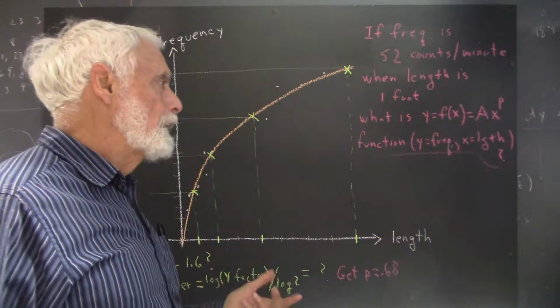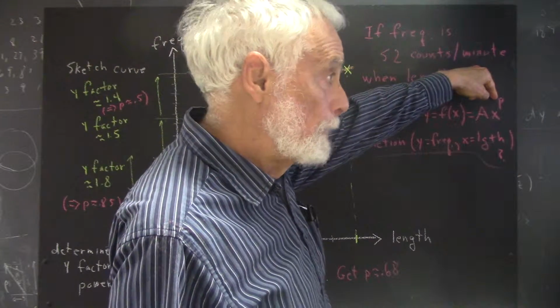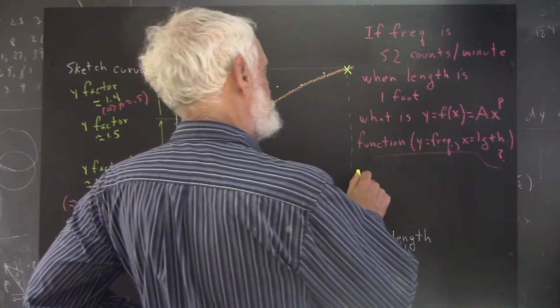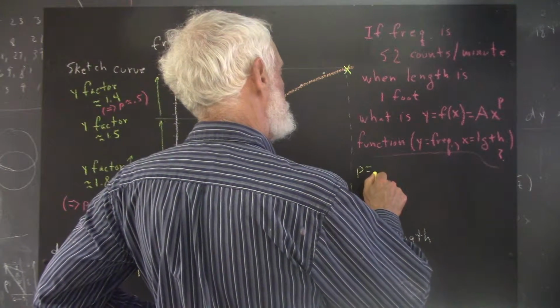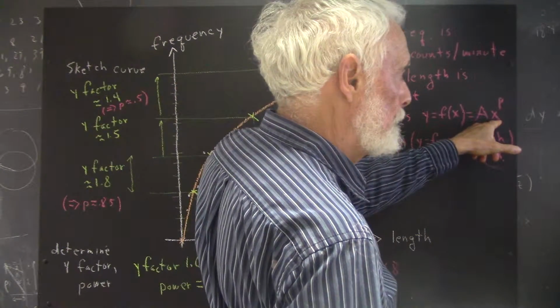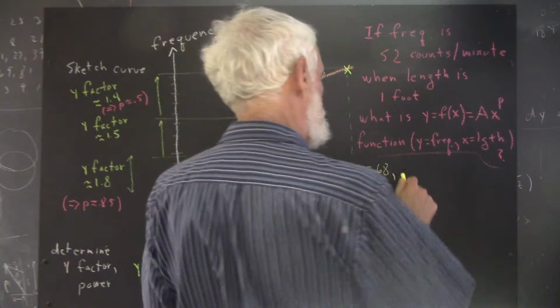So I'm going to use p equals 0.68 for my power. With p equals 0.68, x would equal what? Well, it's 1 foot. I'm not going to use the units right now.